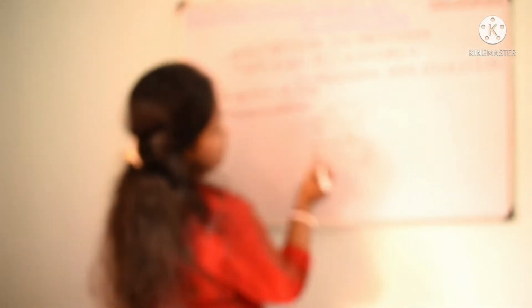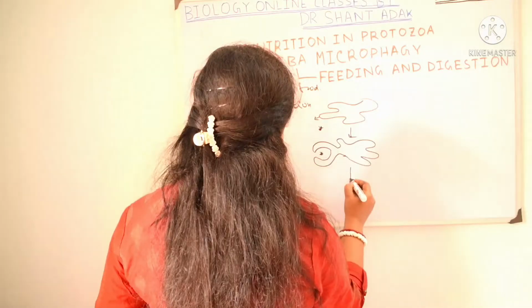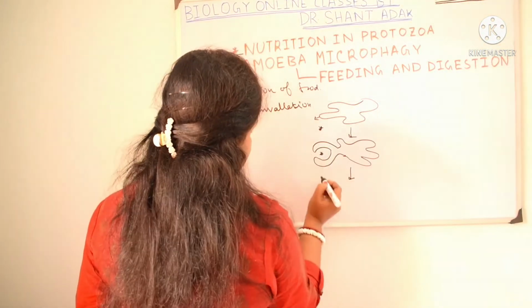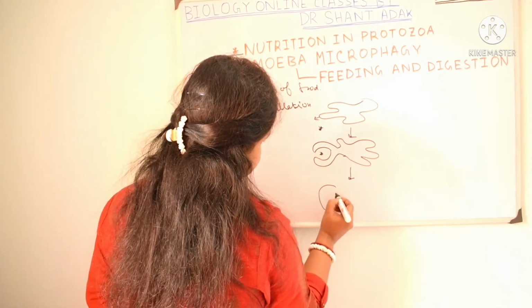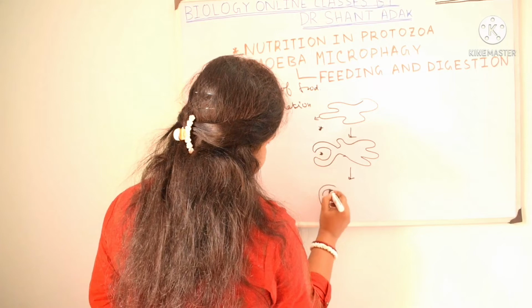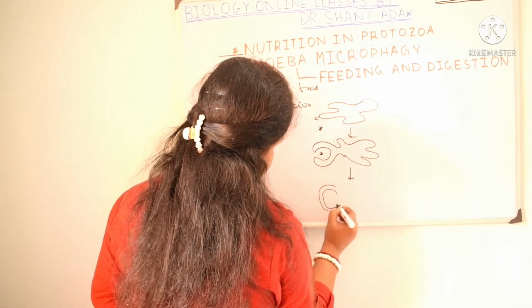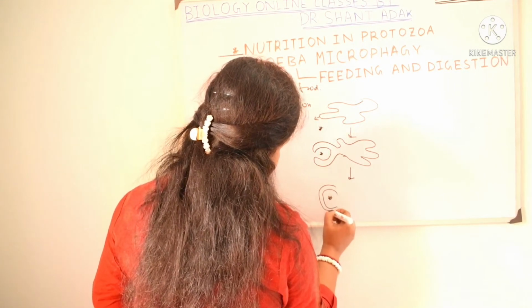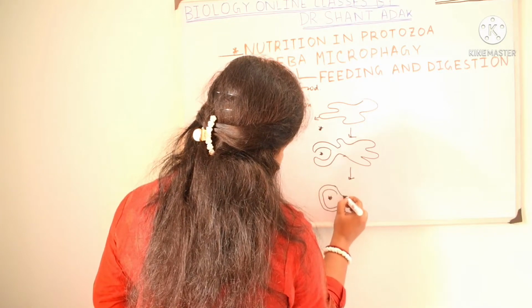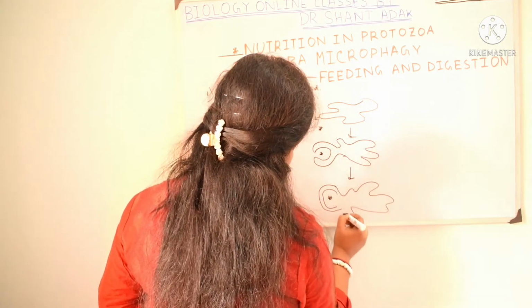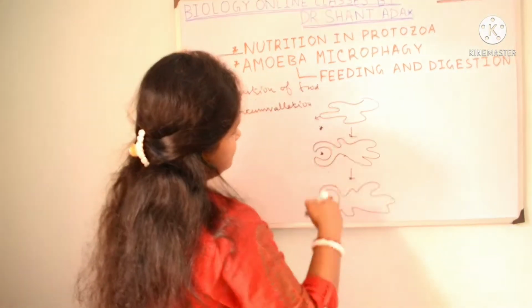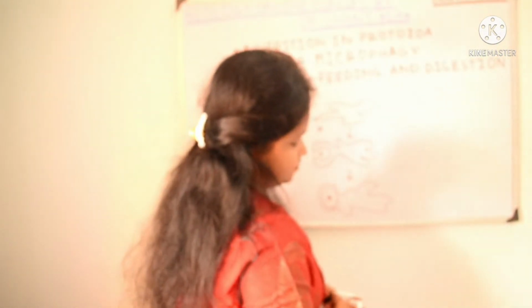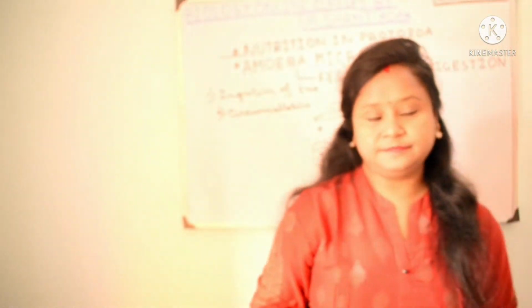The food cup is formed without touching the food. Next, this will be joined. This is the circumvallation type of food intake.